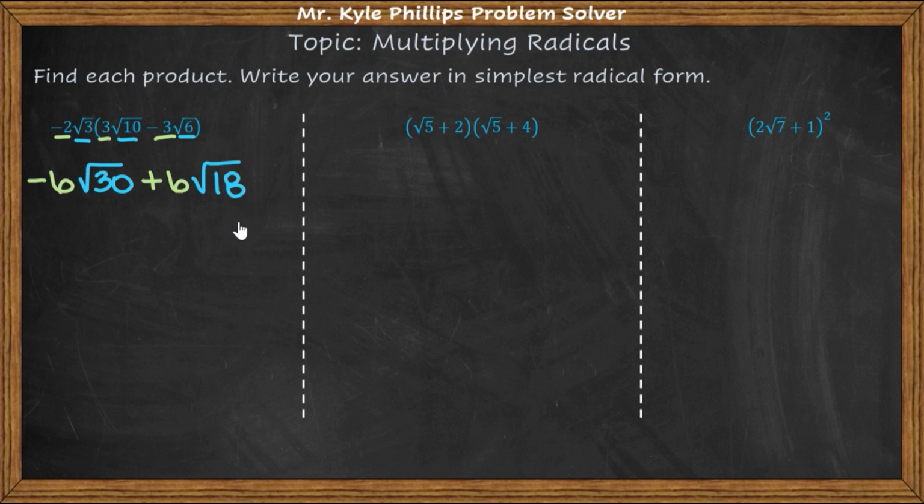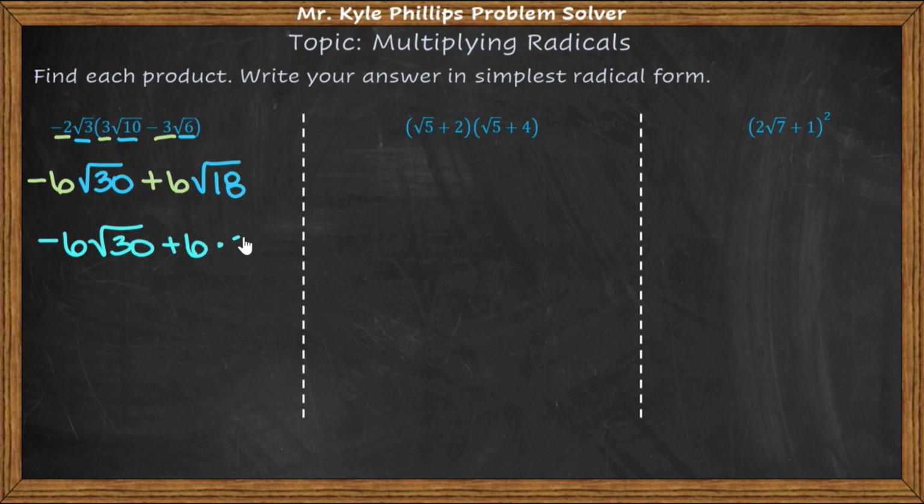of 18. Now what I have to do is look at the expression that I have and simplify any radicals that can be simplified. So there is no perfect square that can go into 30, so this will stay the same. So I have negative 6 times the square root of 30 plus 6. The largest perfect square that can go into 18 is 9, and the square root of 9 is 3.